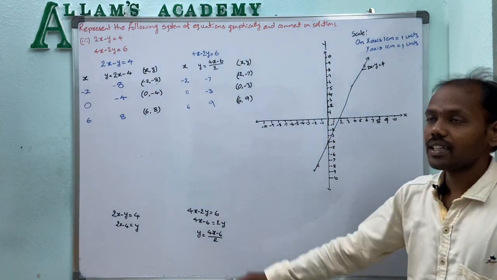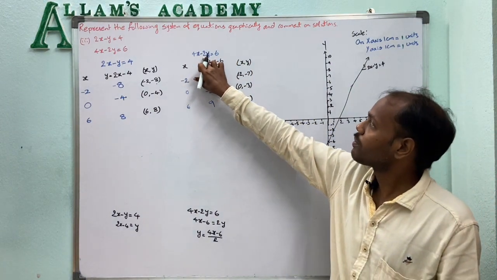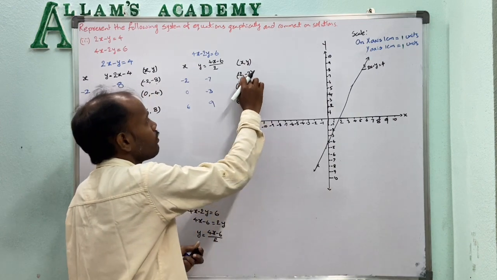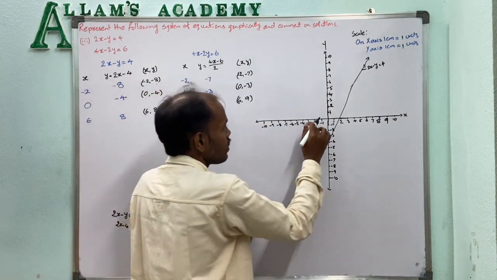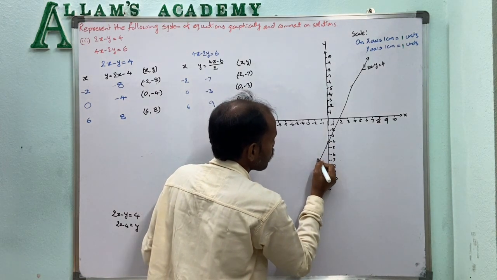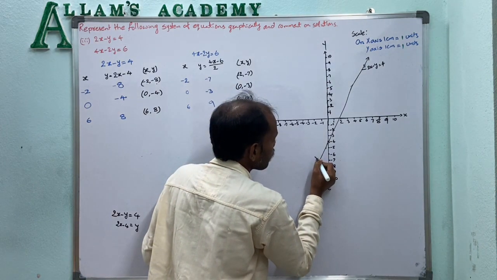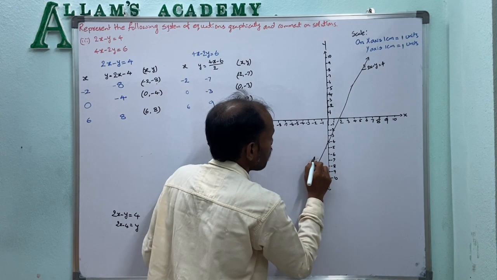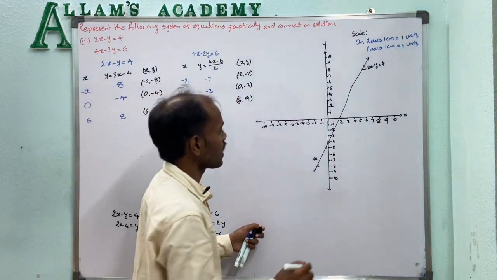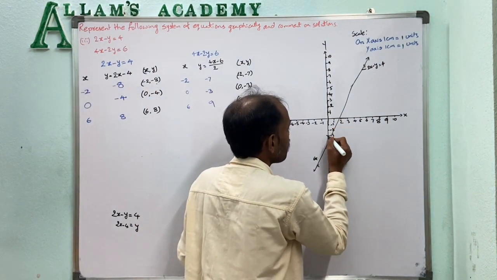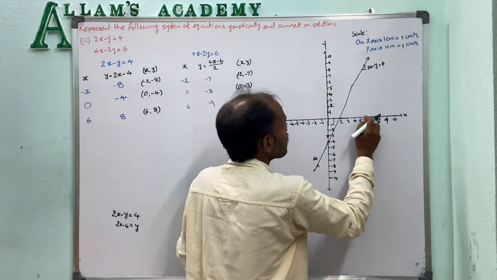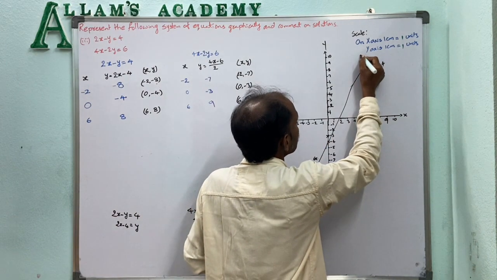Next, for the second equation 4x minus 2y equal to 6, substituting the points. Locating minus 2 to minus 7, then 0 to minus 3, and 6 to 9.